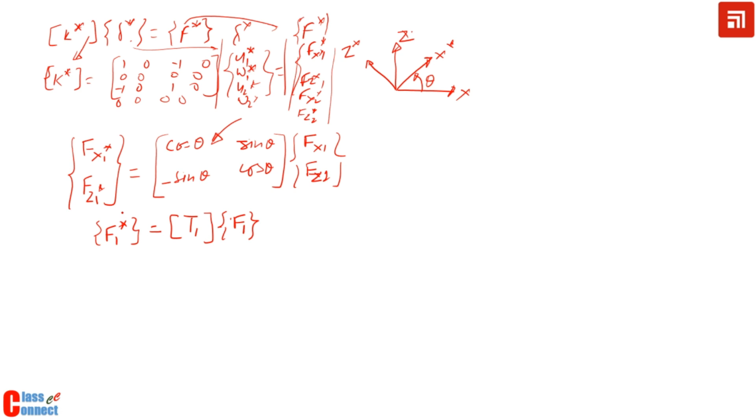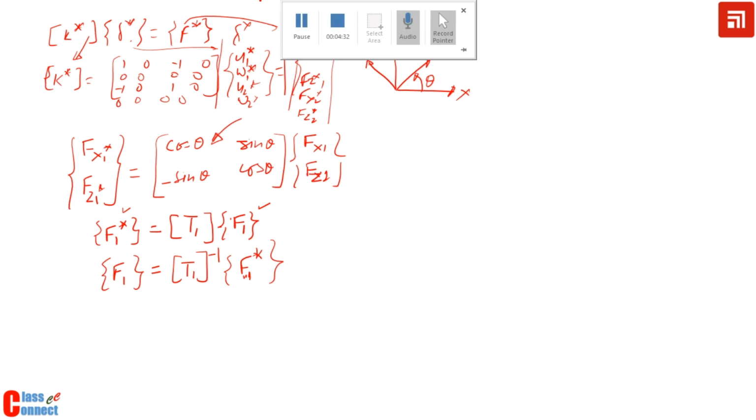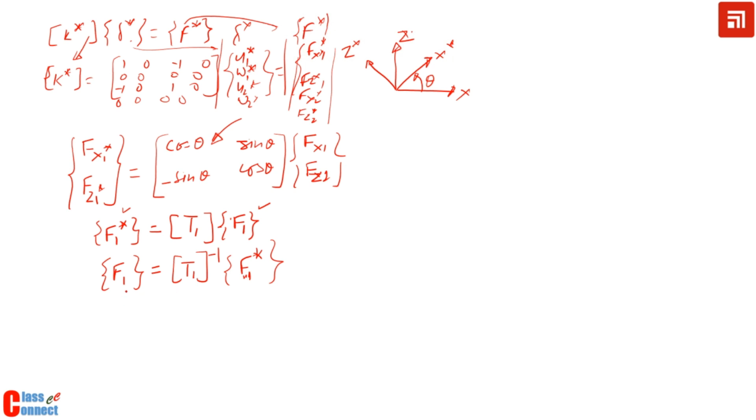So this is my local coordinate system, this is my global coordinate system, and I need the transformation of local into global. So I have to find the value of the F vector, and that will be equal to the inverse of this transformation matrix multiplied by the local force vector at node number 1. Here this 1 represents the node number. If I want the transformation of the second node, I will write 2 here.